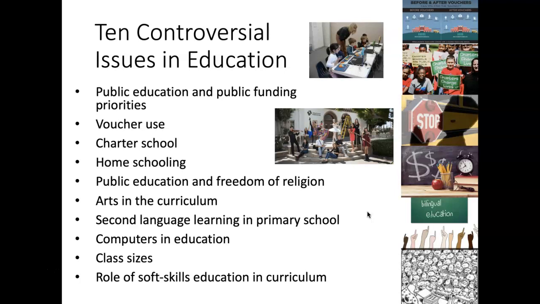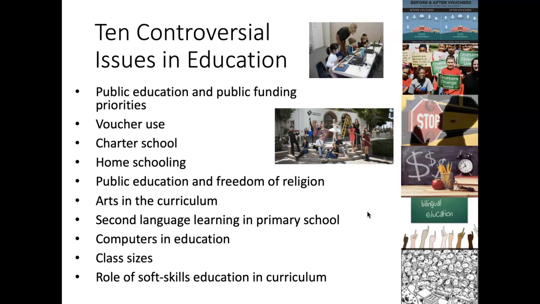Public education and freedom of religion is another one. Whether or not prayer is allowed in school and what type of prayer and when and who gets to lead the prayer. The next one is arts in the curriculum. What is the role of arts in children's learning? And is it a valuable enough commodity that we want to teach art education in the schools and put money into it?